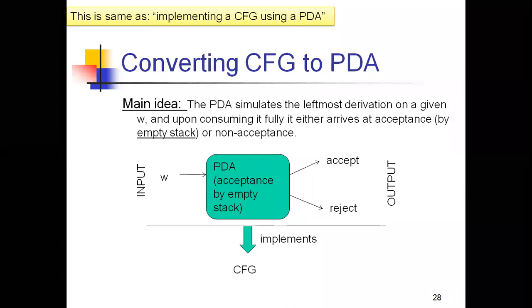But here the PDA always simulates the leftmost derivation for the input string, that means reading the input starting from the left and ending at the right. So after consumption of the input string, if it arrives at acceptance by empty stack, then we can say that it is acceptable. Mainly we are using the PDA acceptance by empty stack.